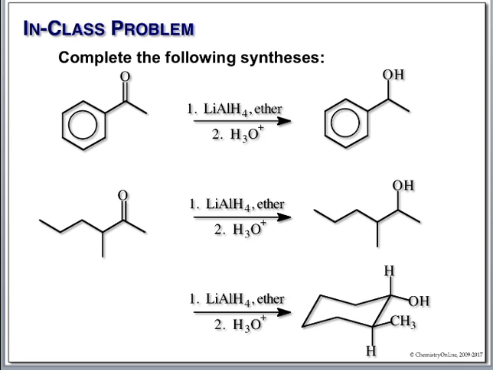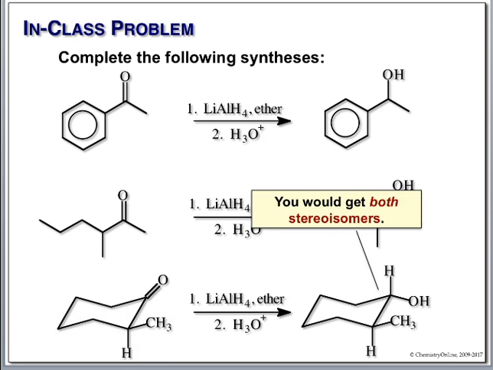Here we have a 6-membered ring with an OH in it. This used to be a carbonyl, didn't it? So it was a cyclohexanone. We'll do nomenclature in chapter 18. So this was a carbonyl, and it just looked like this.